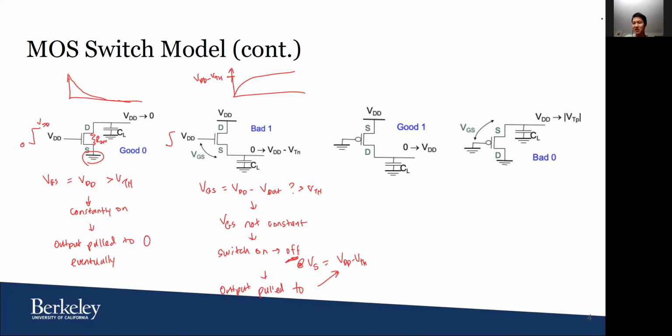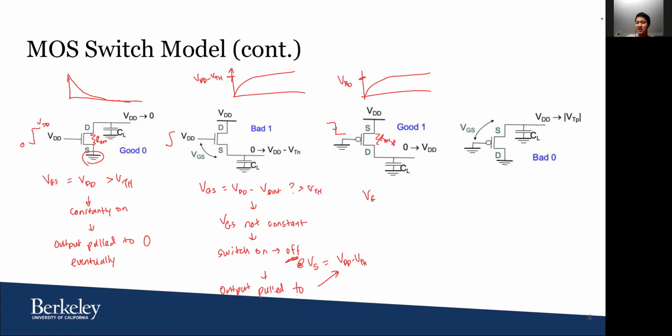Now let's take a look at this PMOS and see how it passes a good one. Let's say we go from VDD down to 0 here, and we try to pull this output up. In this case, we have another exponential going up, with an R on for the PMOS, and this voltage ends up being VDD. Why?